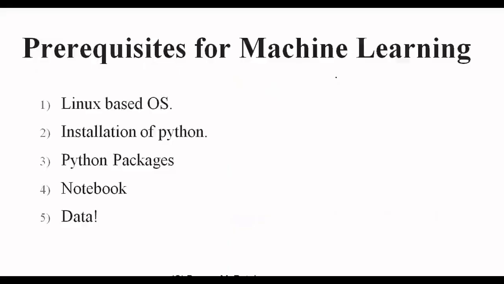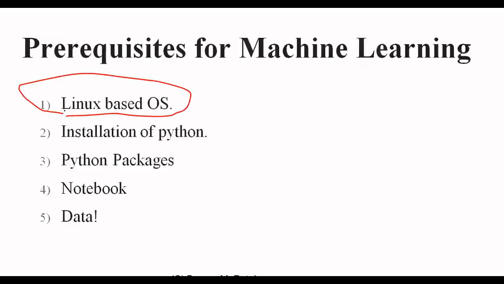So you are quite excited by the previous session and previous slides, and you are planning to start your new journey in machine learning. So what do you require to start, or to solve real-time problems using machine learning? First, I prefer to use a Linux-based operating system, as it is open source.